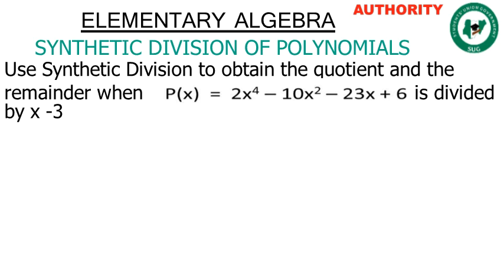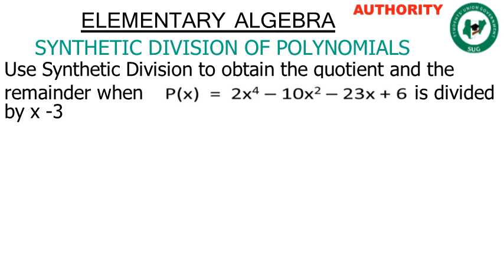When you look closely at this dividend that is given to us, which is 2x raised to the power 4 minus 10x squared minus 23x plus 6, you discover that one term is missing, which is x cubed. X raised to the power 3 is what is missing.